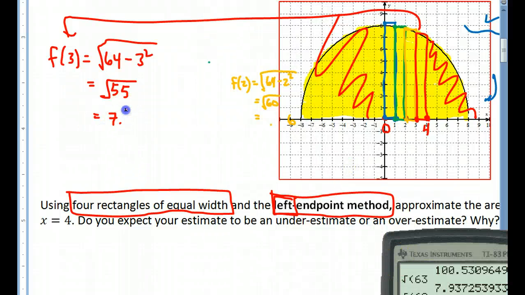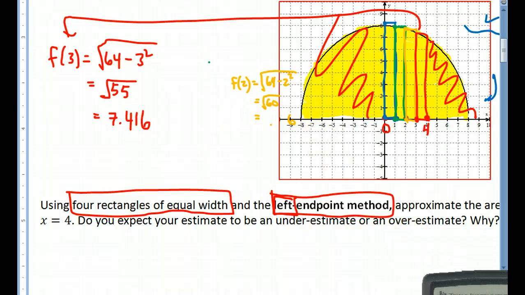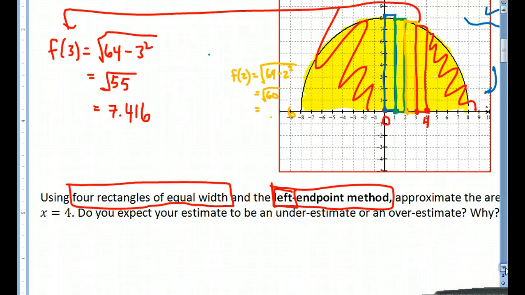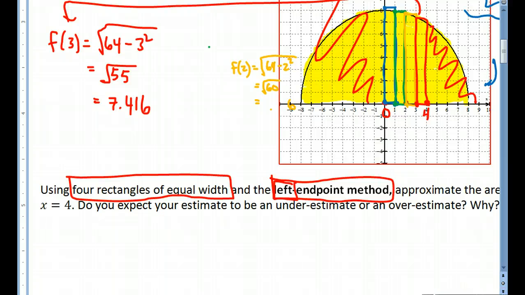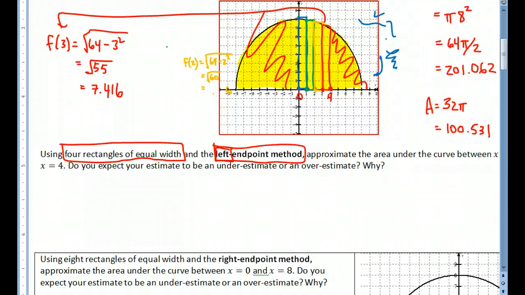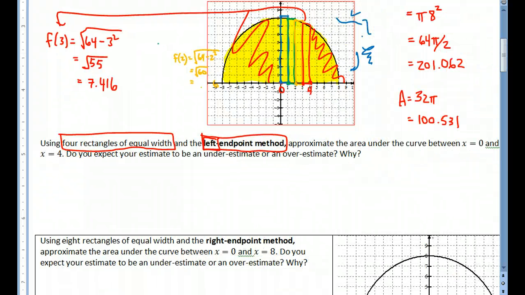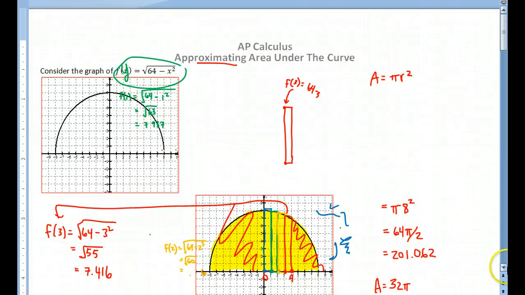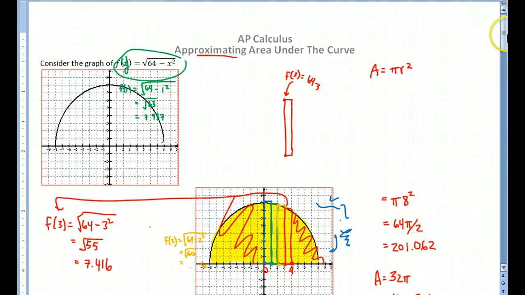That's 7.416. Okay, so how would I find, let me zoom out. Okay, so how would I find the total? Add them all.